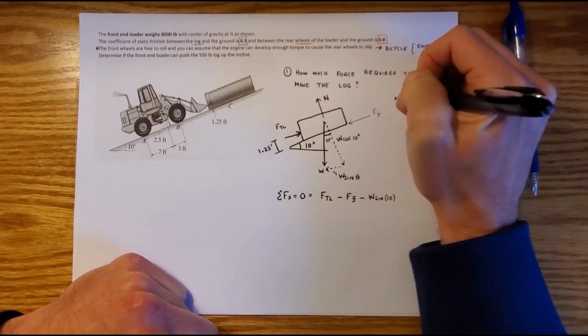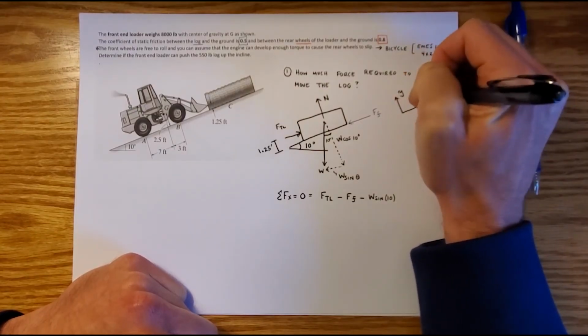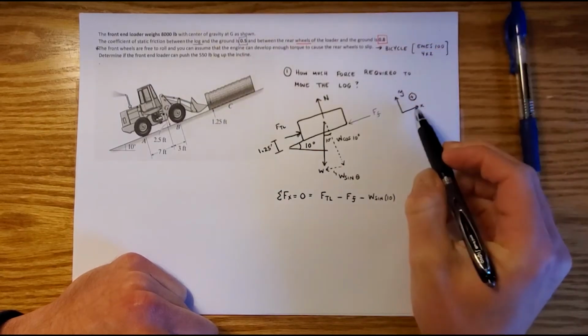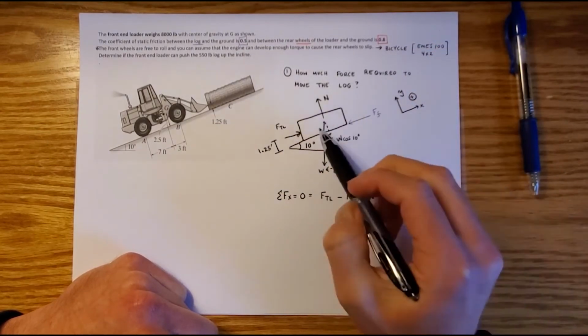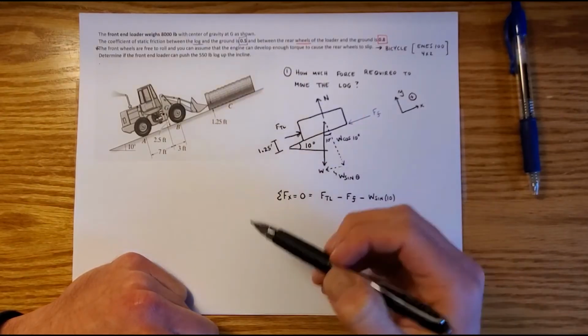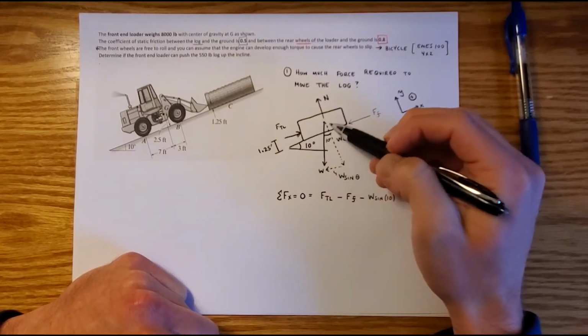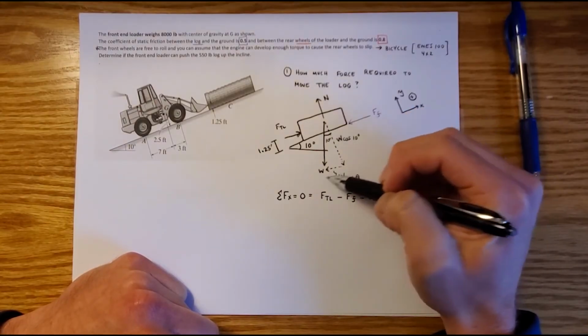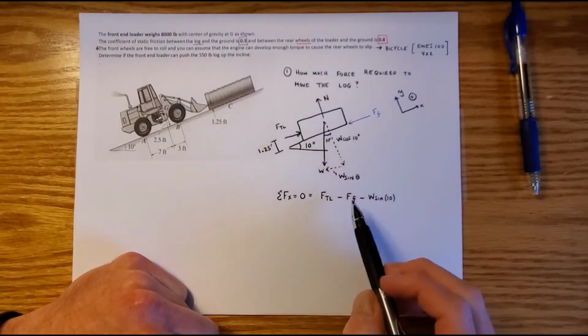For this problem, which I didn't stipulate a second ago, I'm going to line up my axes such that the x-axis lines up with the hill and the y-axis is perpendicular. This will make everything simpler because I can already see the new x and y components of my weight. So this is my equation right here.